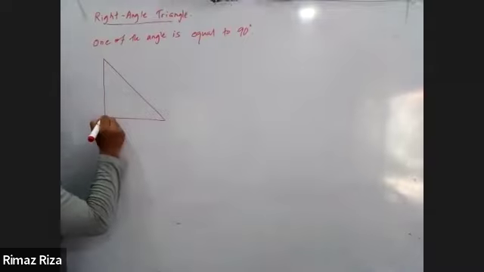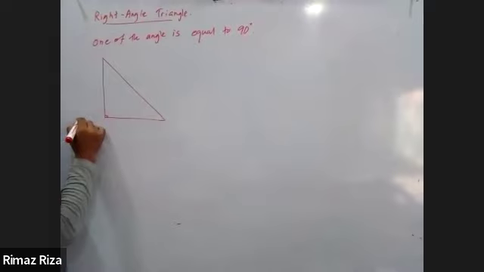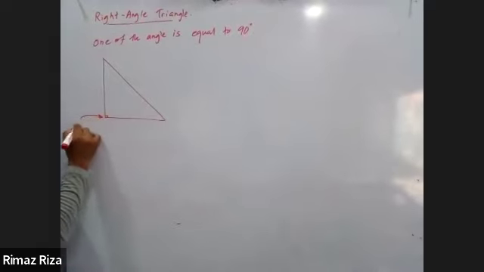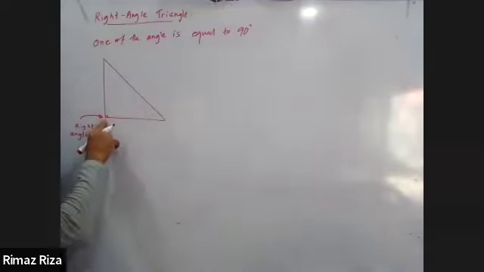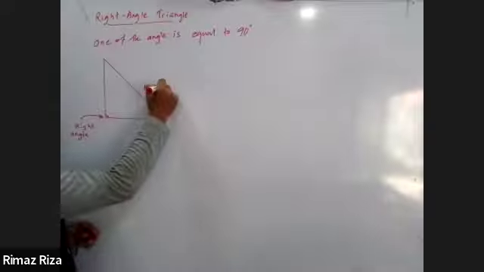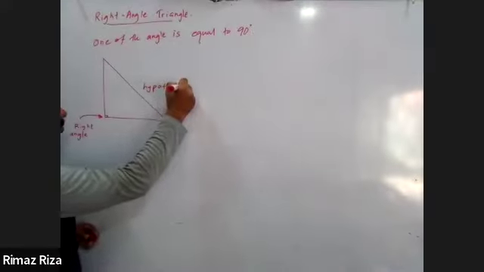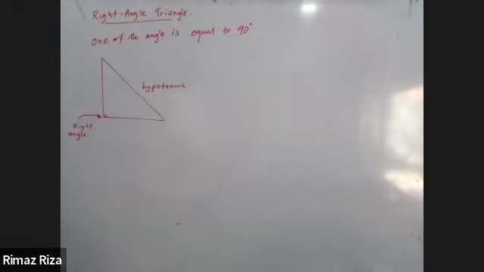So 90 degrees we normally put as a small box. So this is the right angle. We call that right angle. And the side that is opposite to the right angle is called what? Hypotenuse. Quickly write down.